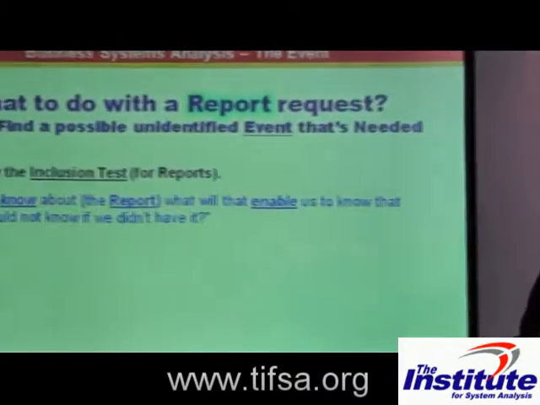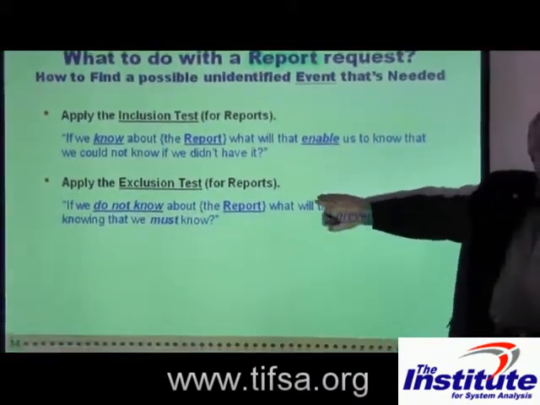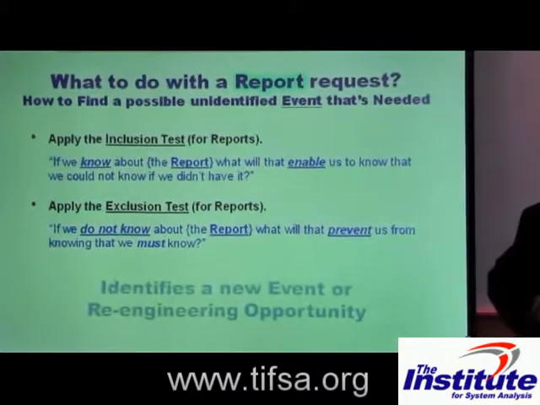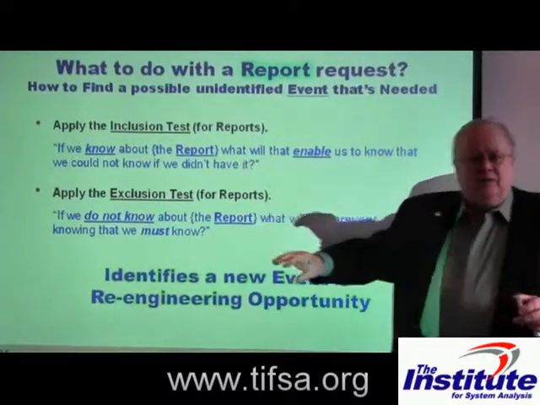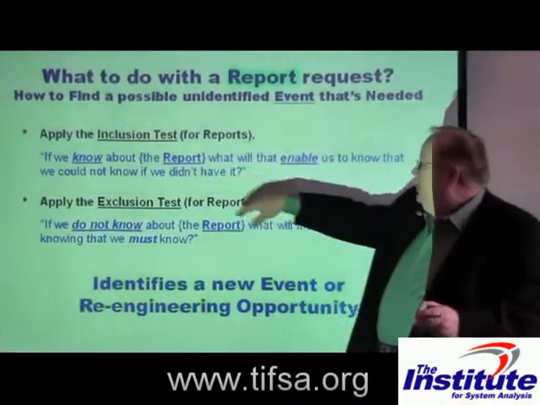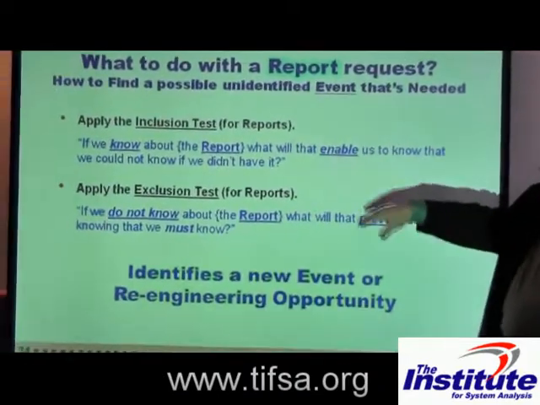And what we need to do is, of course, apply the inclusion or exclusion tests for the report. So we can say, if we have or know about the widget sales in the Northwest region, what does that enable us to do that we have to be able to do?